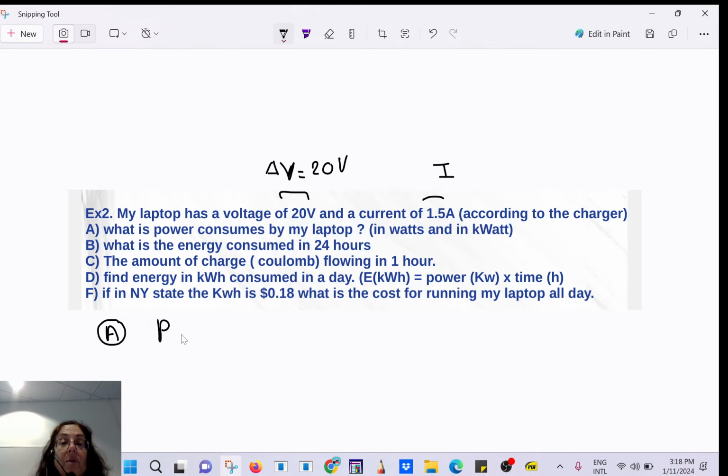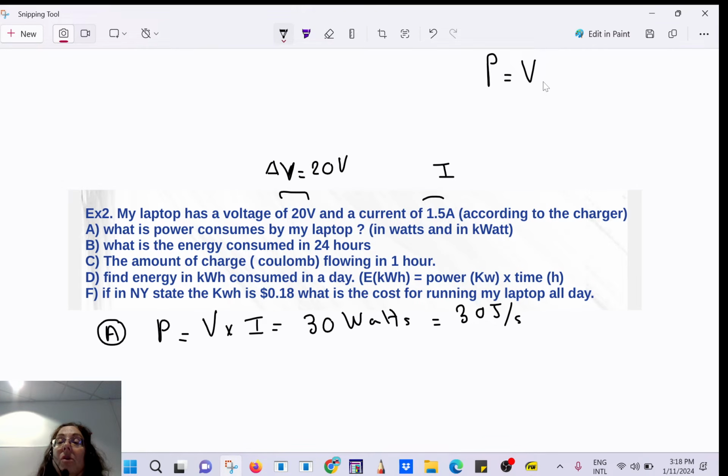So the power will be what? Yes, 30. You're right, because you multiply voltage times current. So that's going to be 30 watts, or 30 joule per second. So I'm using the equation power is voltage drop times the current.